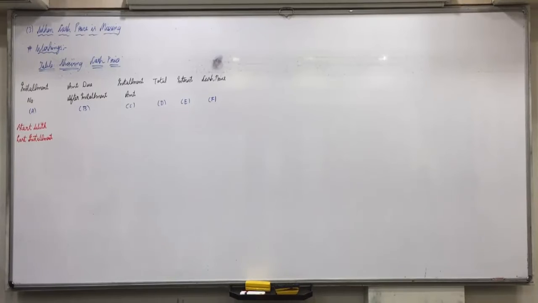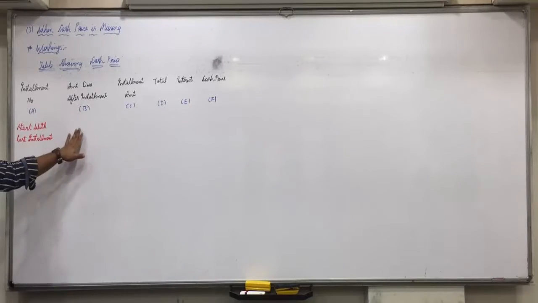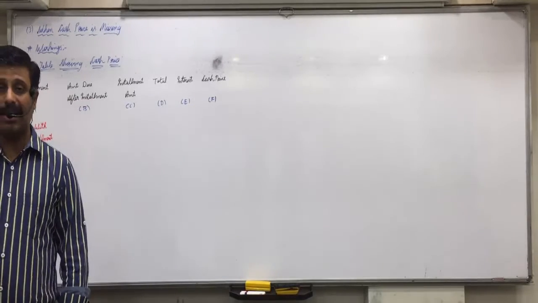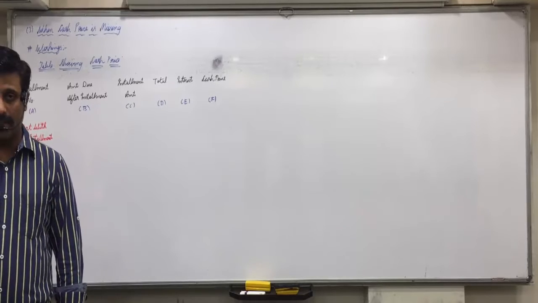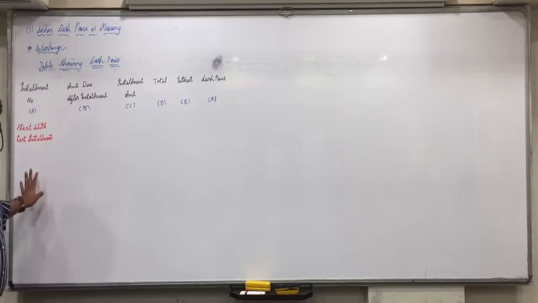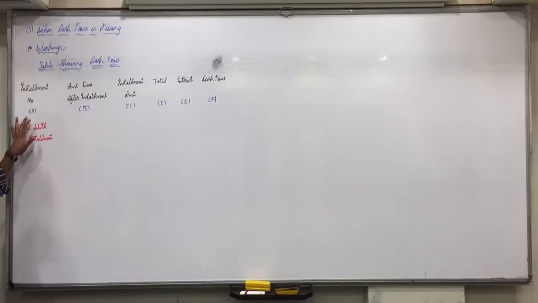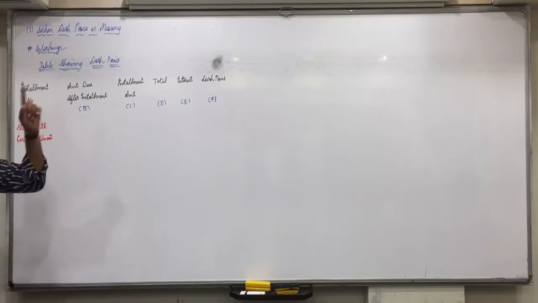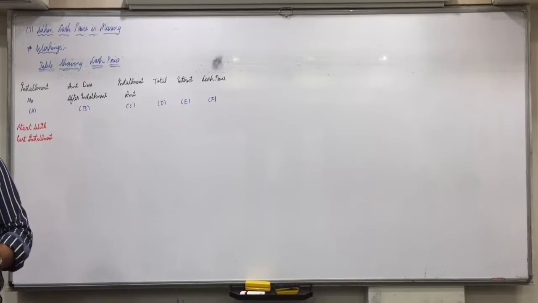Now amount due after installment. If you start with installment number 3, what would be the amount due after the third installment? Listen carefully. You have to pay the money in 3 installments. We go in reverse: we start with installment 3, then 2, then 1.